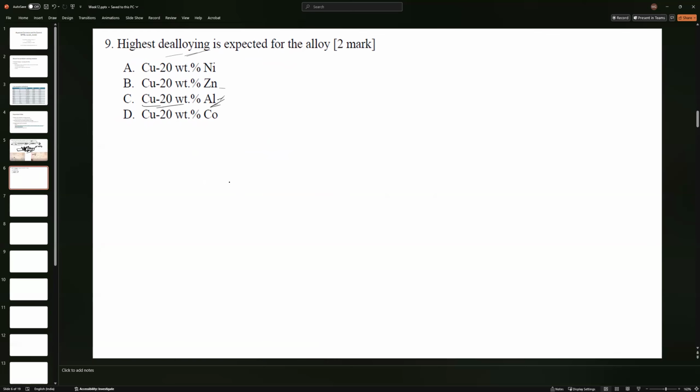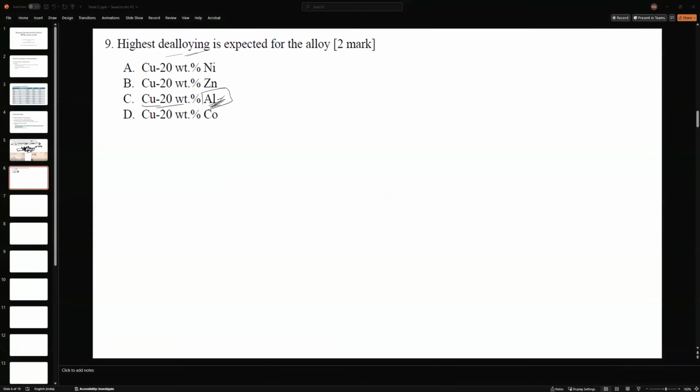My doubt in this question was whether aluminum is passivating or not. Chromium is passivating in the case of stainless steel. The chromium is added and that creates a passive layer. A similar thing will happen in this case also if you go by the logic used in stainless steel. So there are two competing things.